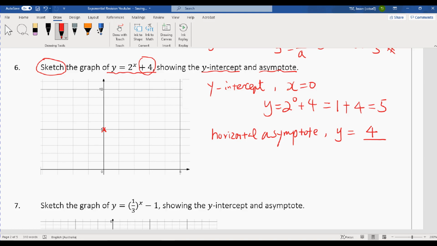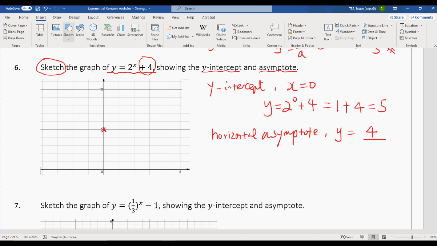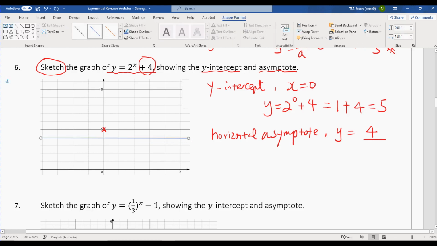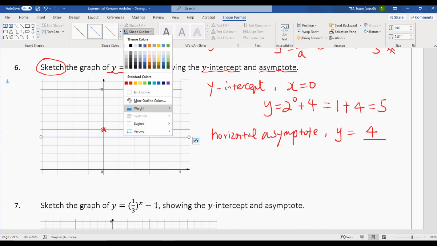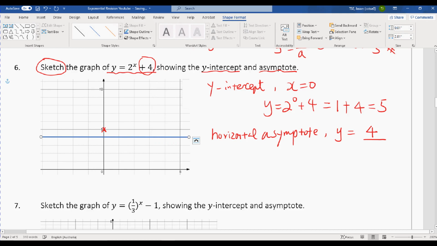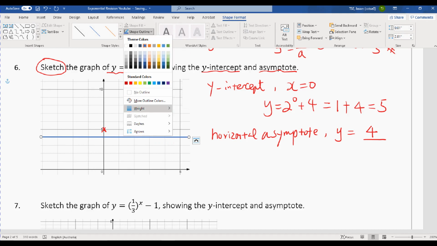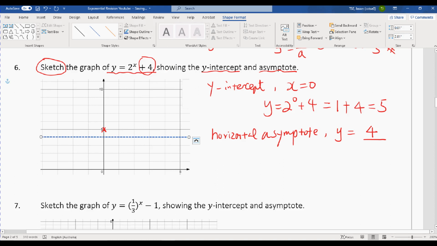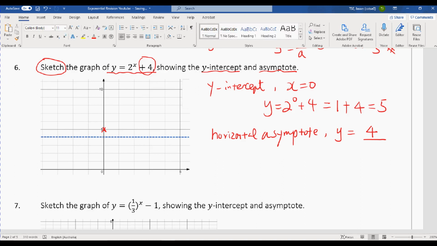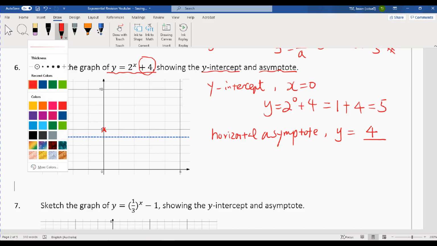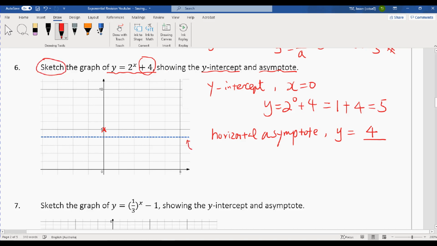I need to draw a horizontal line in that case. So this is the line I'm going to draw. Let me make it easier to look. So this is our horizontal asymptote, y equals 4.